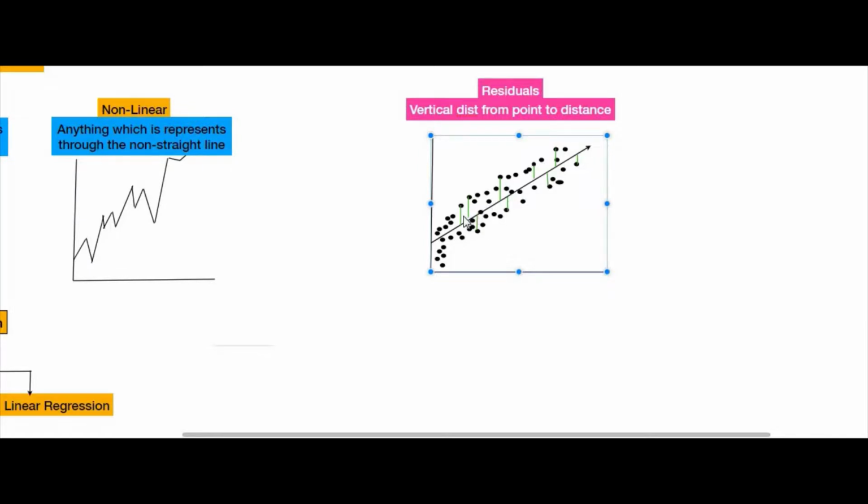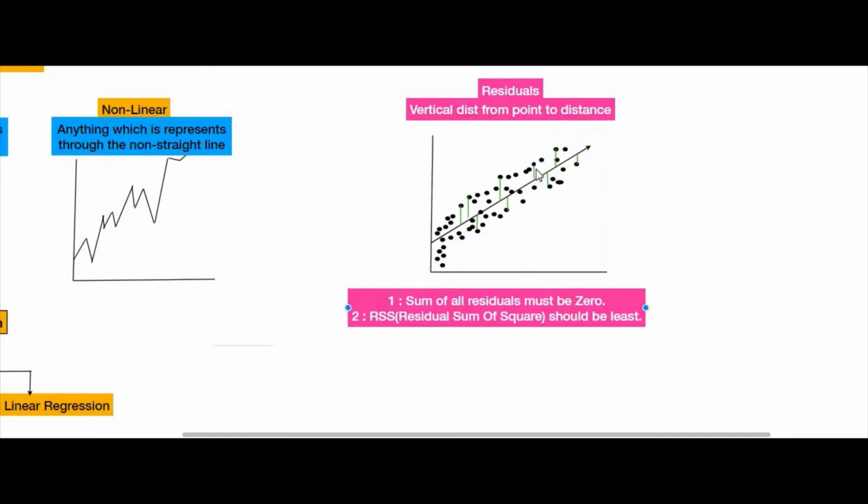We will create a best fit line in between them, and then we will calculate the errors from each point to this best fit line. This distance from the point to the line is called the residual, or error.